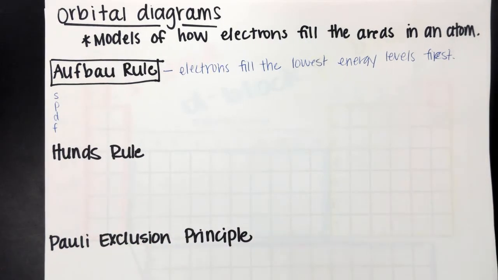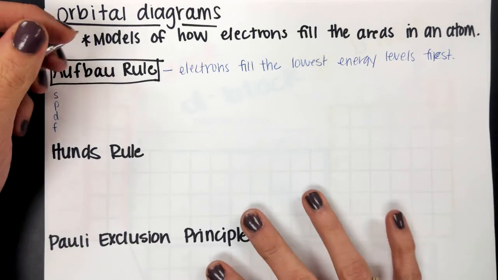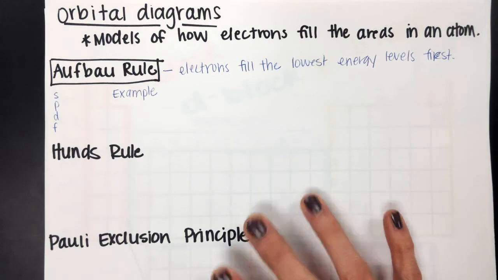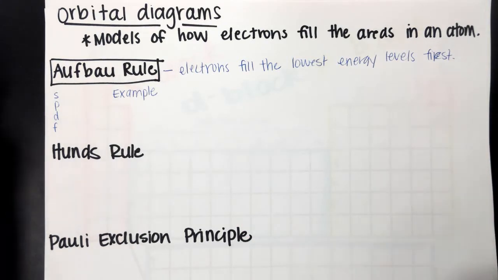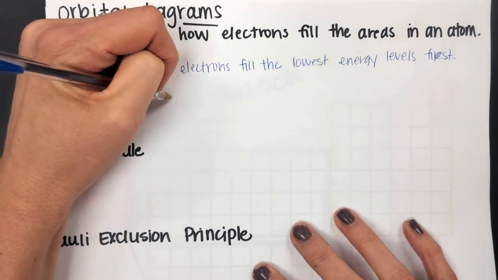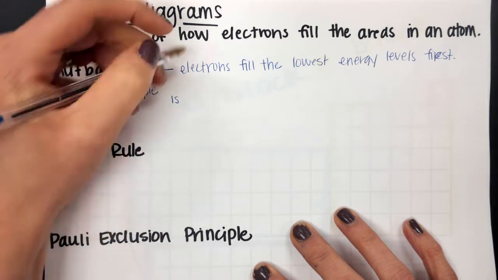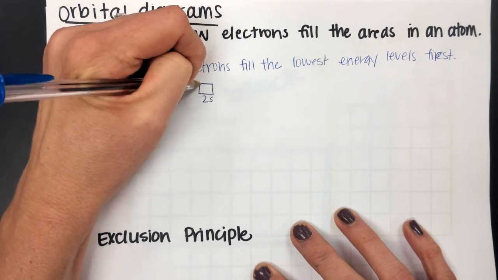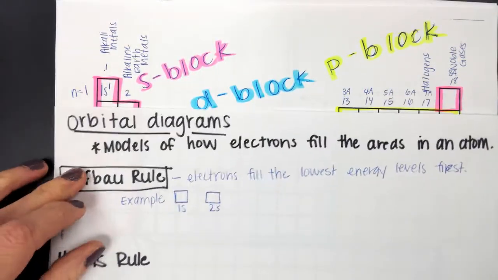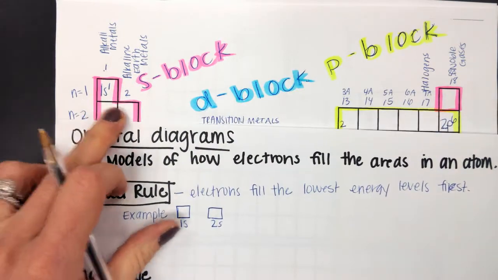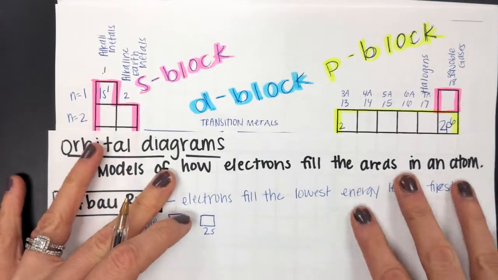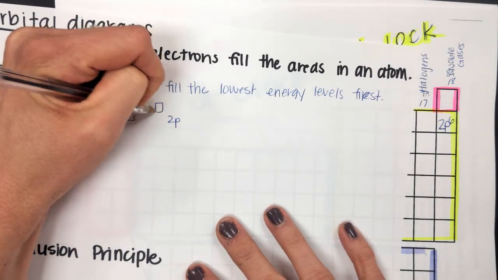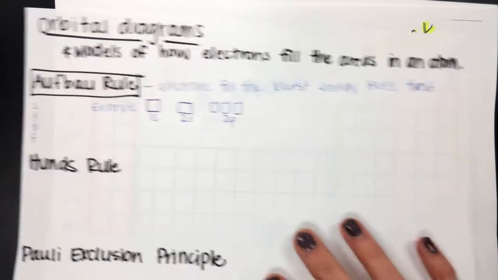Okay, so an example of the Aufbau rule is if you have energy level 1 with an S orbital, an S sublevel, energy level 2 with an S orbital, which we know you've got 1s2 and 2s2, and then on the second energy level comes your p block. So then you had 2p with its 3 orbitals.